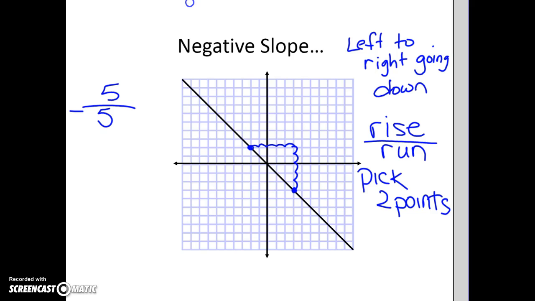So my slope is 5 over negative 5, which is equal to negative 1. And I don't have to keep this one as a fraction because it is an integer. I don't want slopes to be decimals, however. So I either want to have a fraction or an integer value.